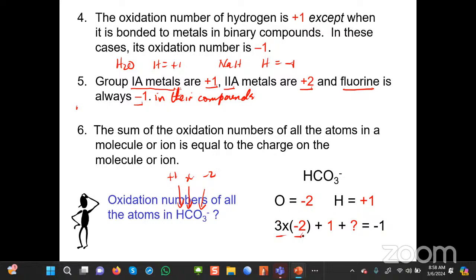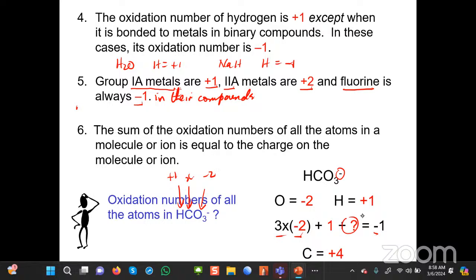The sum of all those would be equal to the charge, which is -1. All we have to do is solve for the unknown, and we see that the oxidation number for carbon is +4. So that's basically how you can use these rules to determine the oxidation number of pretty much any element that may exist by itself or in a compound.